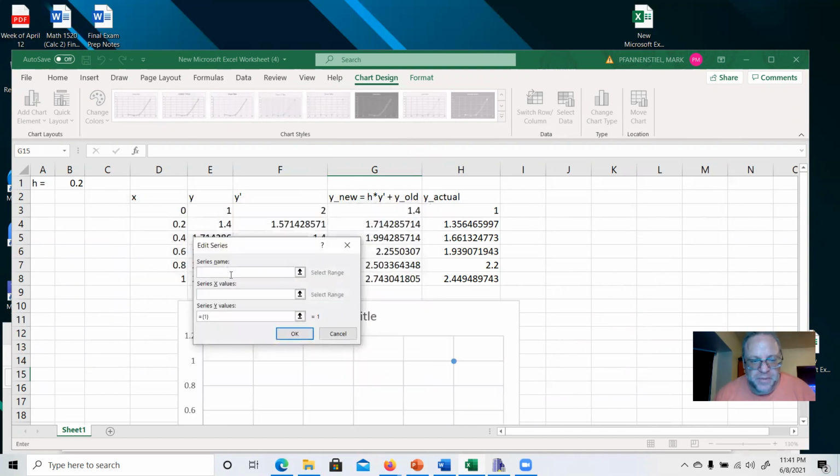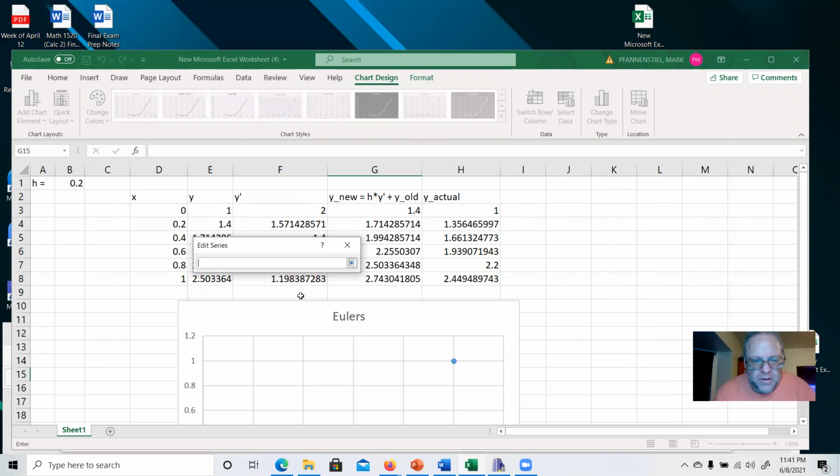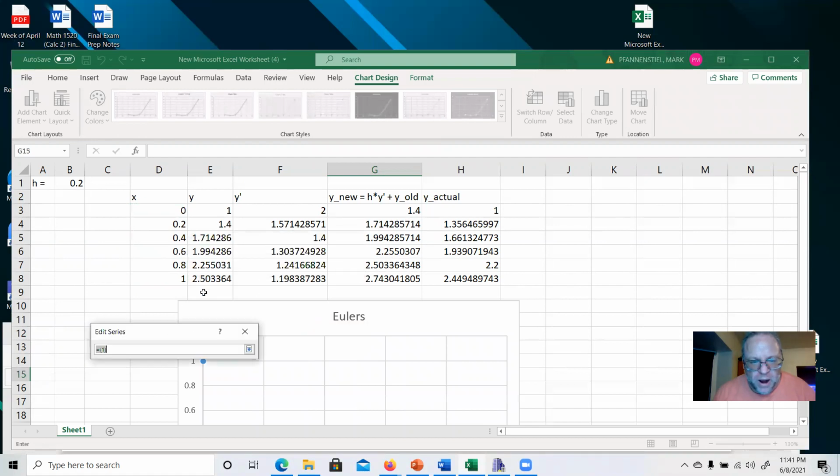We're going to add. Okay, so this is Euler's. Equals Euler's. And our x value, we're going to go ahead and say, here's our x's. Okay. And then for Euler's method, right, here are our y's. So these guys, these are our y's.